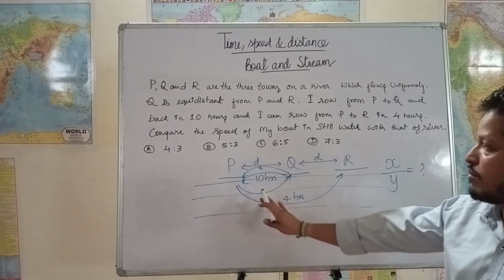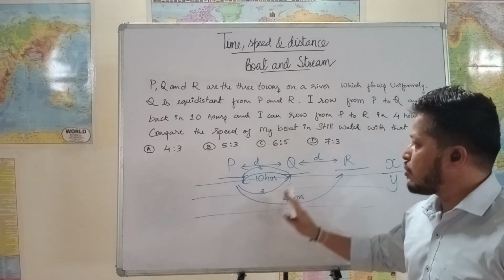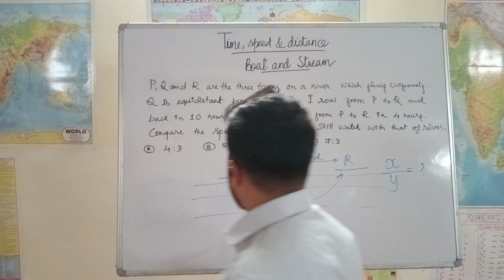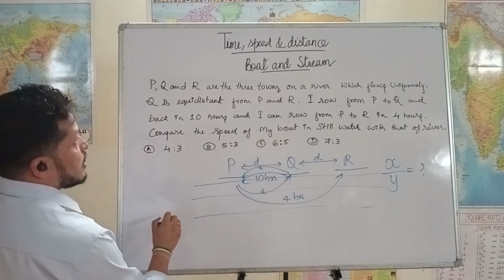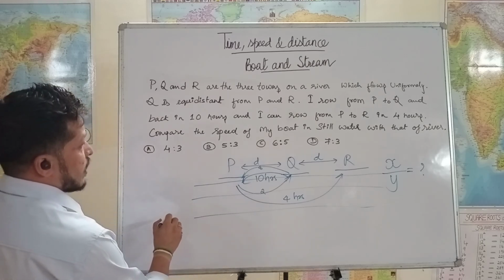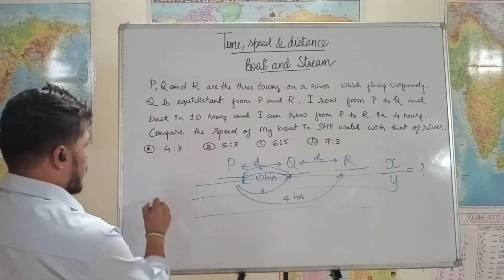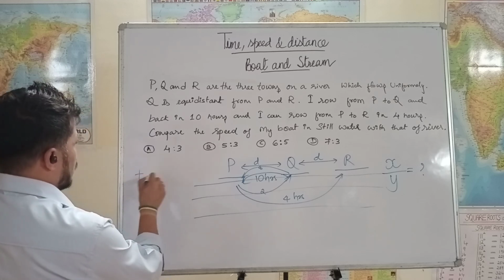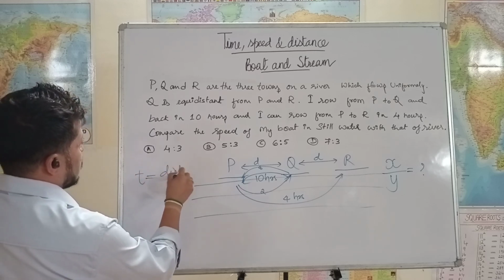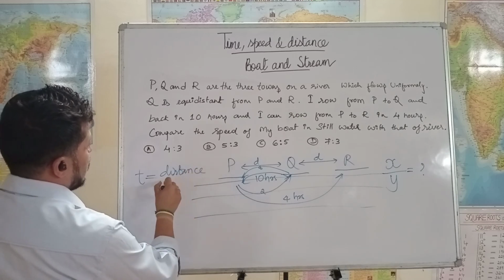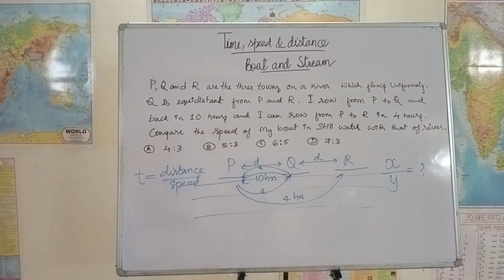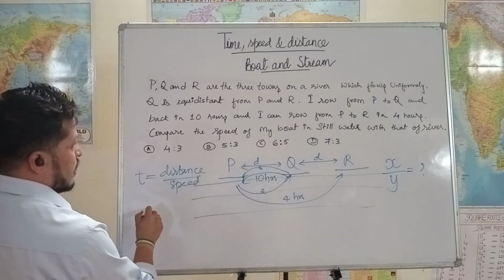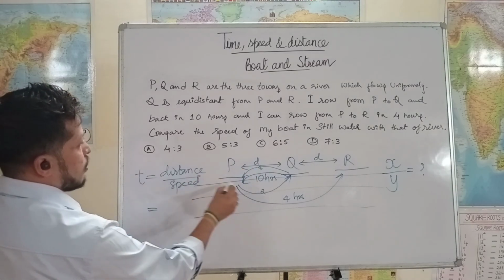Correct. Now I have the time taken to go from P to Q. Time is equal to distance by speed, right? So what is the distance traveled? Let's say it is d. I am talking about this 2 hours.